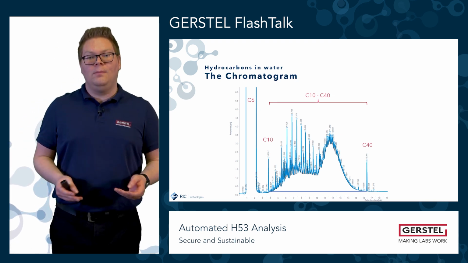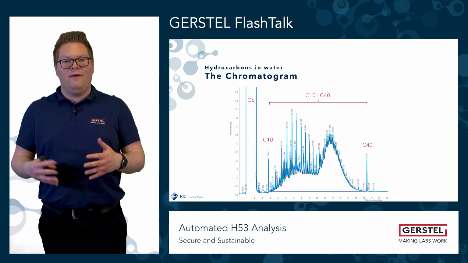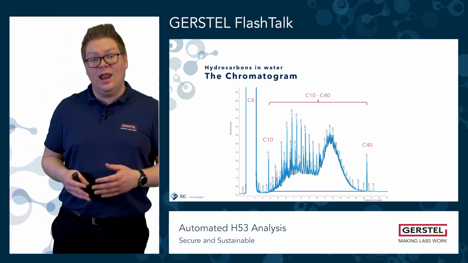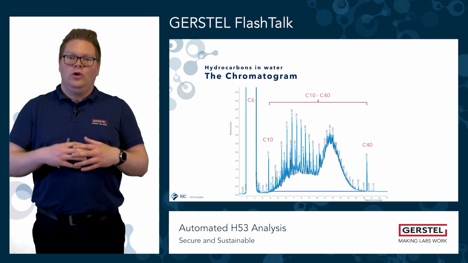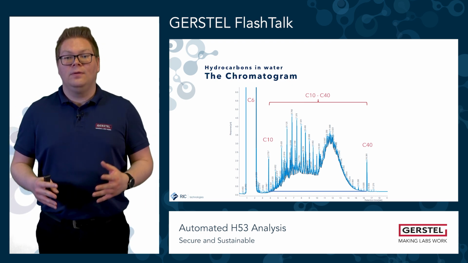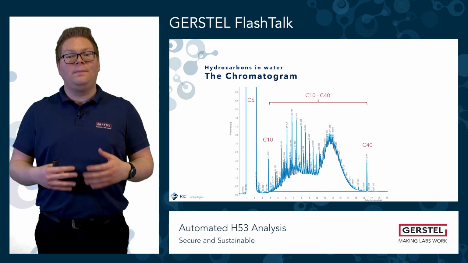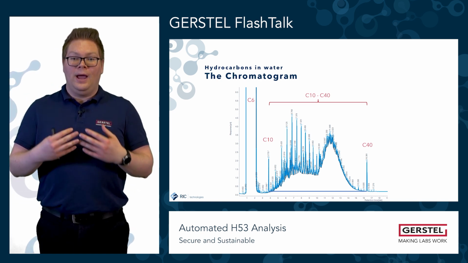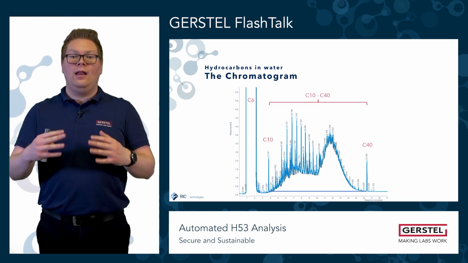The chromatogram doesn't have nice and sharp peaks like in normal GC-FID analysis. We have a huge and broad hump instead. The sum parameter H53 is determined by integrating the whole hump and the resolved peaks.